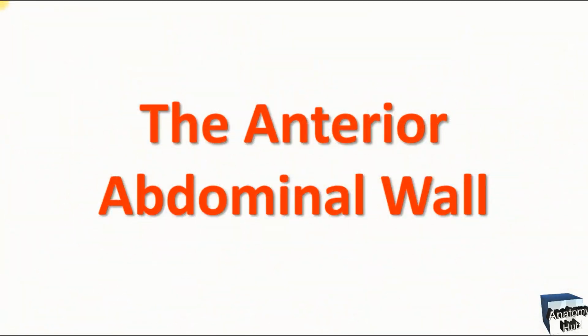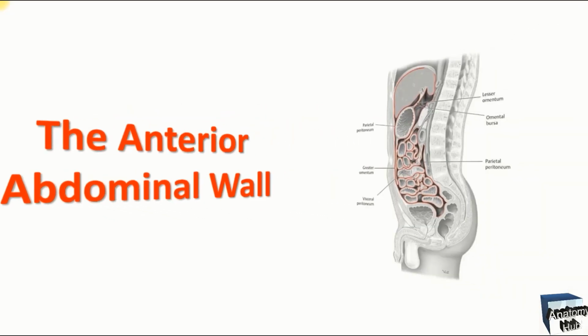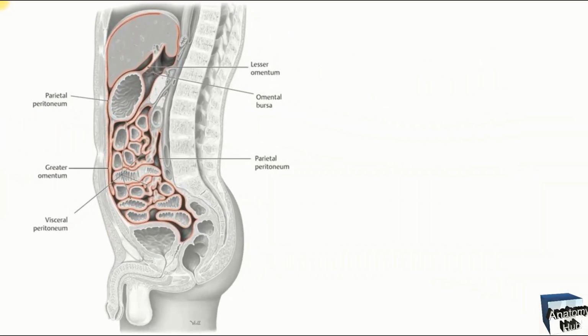Today we will study about the anterior abdominal wall. The abdomen, that is actually the region of the trunk between the thorax and the pelvis, contains the largest portion of the abdominopelvic cavity, right?